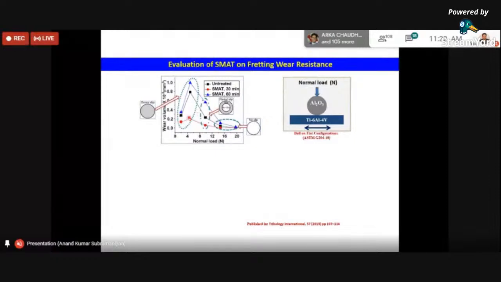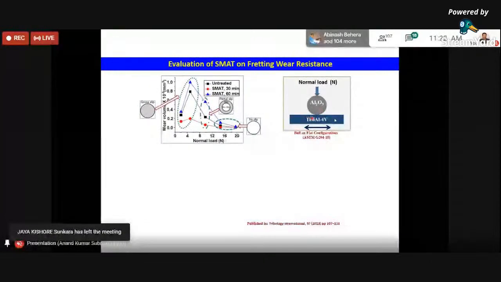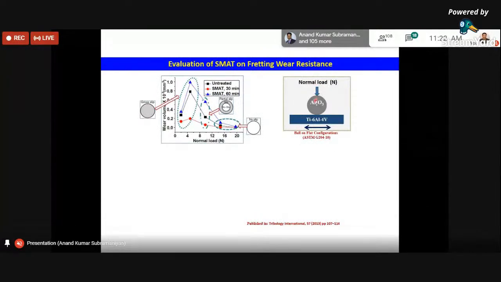At lower normal load, we say that there is a gross slip regime prevailing, which means that you have very little normal load. When you have this reciprocating motion, you are offering less resistance to the movement, and thereby we say gross slip.